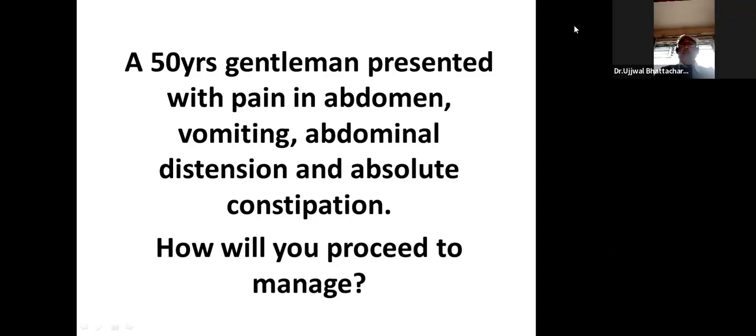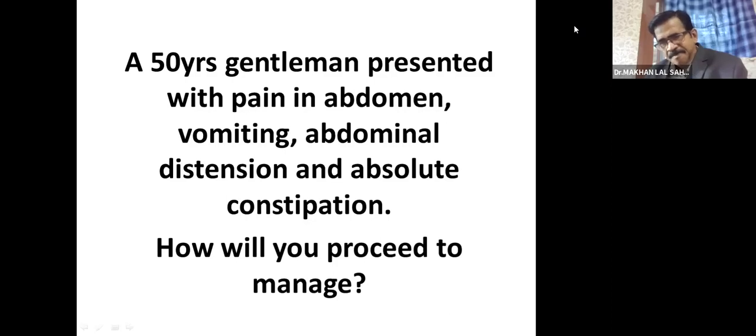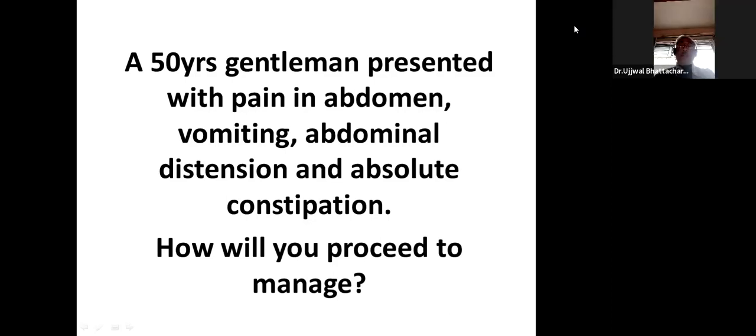And while handling the gut, it will look firm and elastic. Normal gut feels firm and elastic. So pinkish in appearance, firm and elastic, seeing the peristalsis and feeling the pulsations.